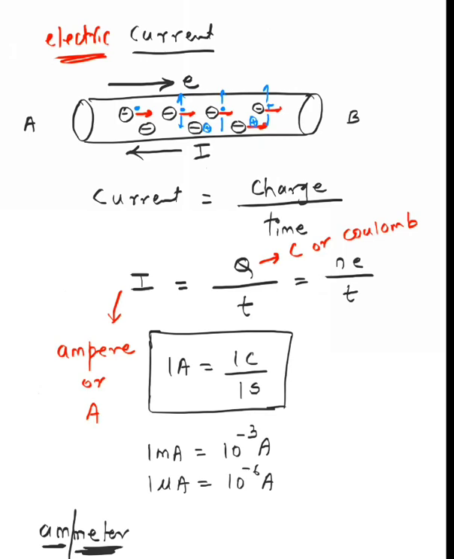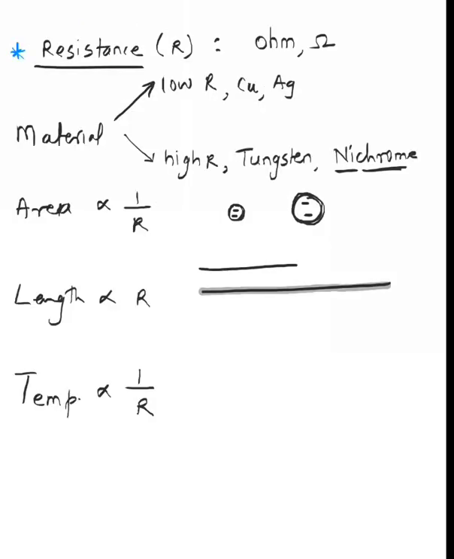Because they keep on obstructing more often, the resistance will increase. So when you increase the temperature, resistance should increase. I wrote it the wrong way by mistake. So temperature will increase, resistance will also increase, guys. So it is directly proportional. You see there are two factors directly proportional: length and temperature. Area is inversely proportional, and material depends upon the nature of the material.